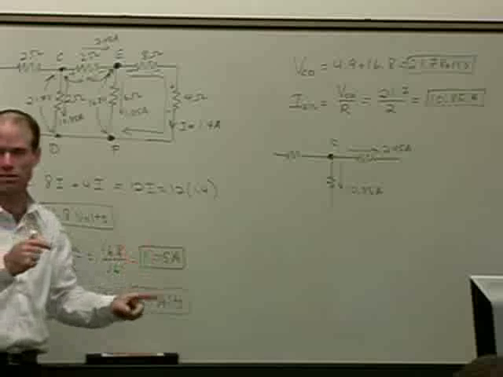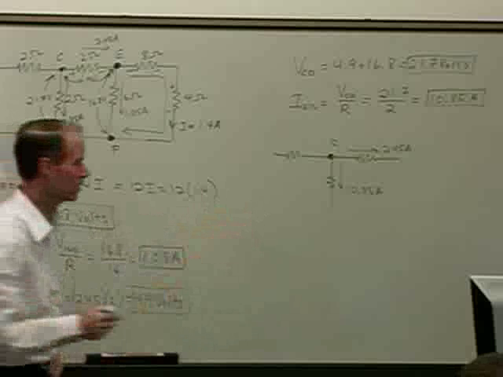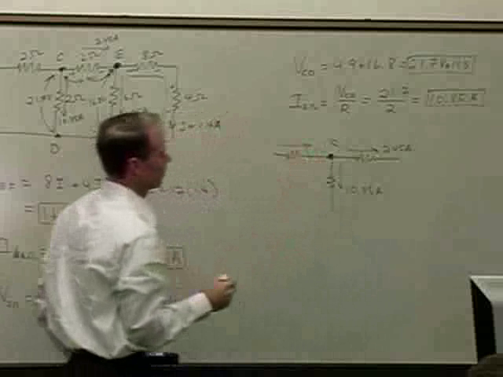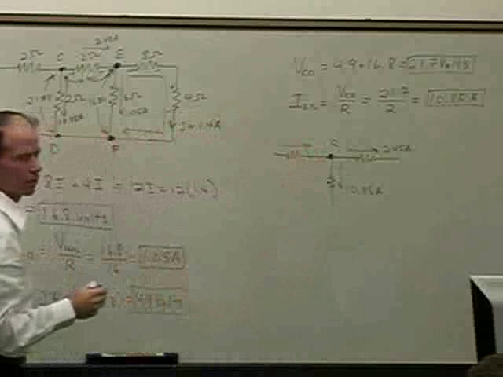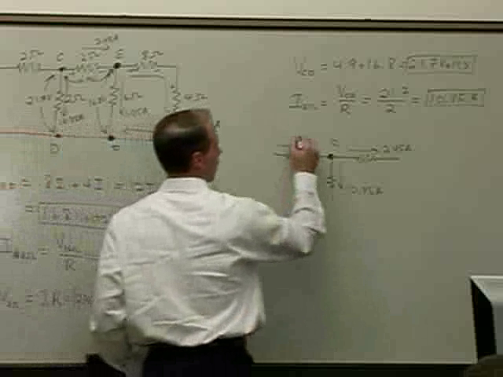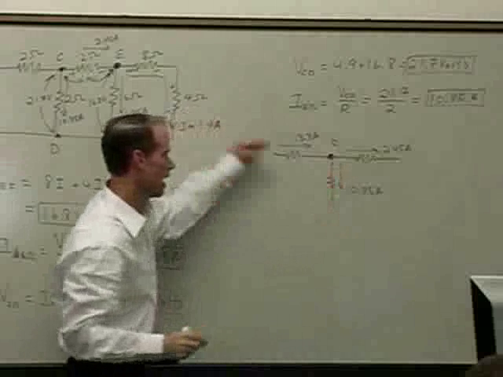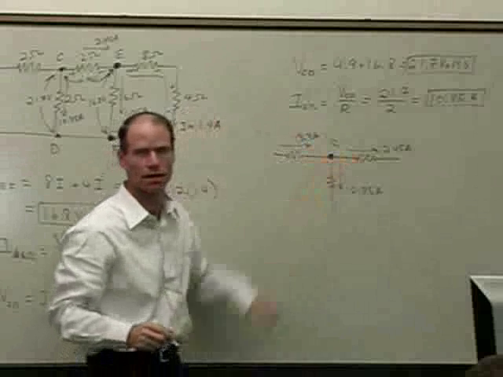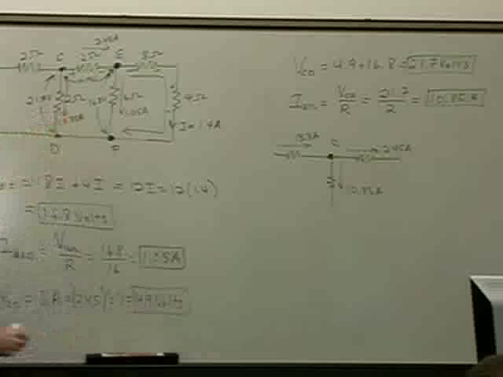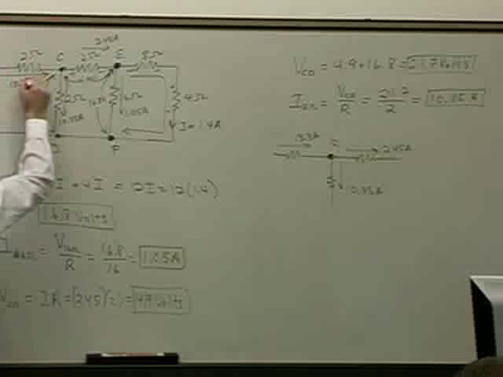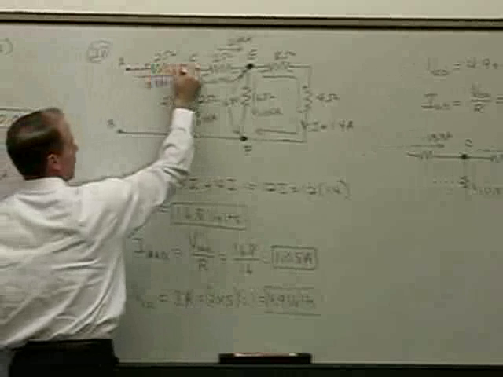What goes into a junction should equal what's coming out of the junction. So the current coming in over here should be 13.3 amps. So that equals that plus that. That means I have 13.3 amps going through this 2 ohm resistor on top here. Let's mark that resistor.